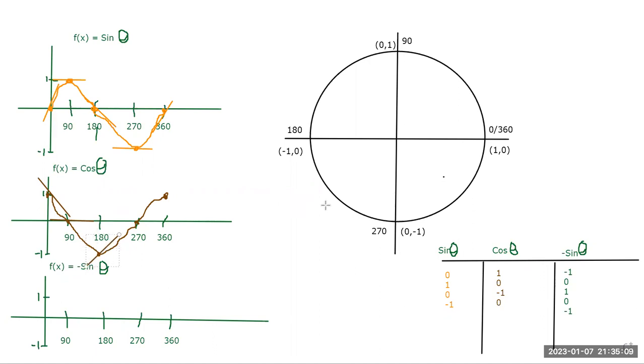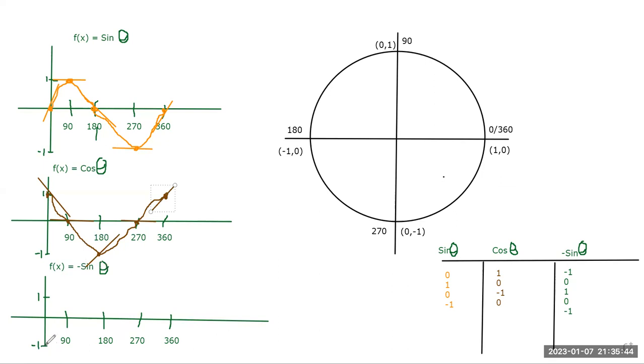At 270, it would be 0. And at 360, it would be a positive slope. So you can kind of see that it correlates to this. Well, not really, but some of the coordinates match up with sine and being negative.